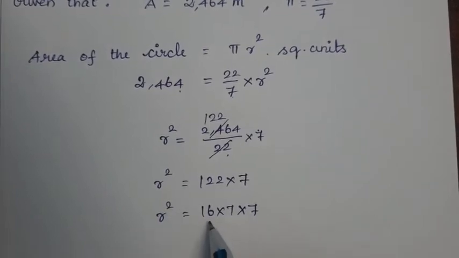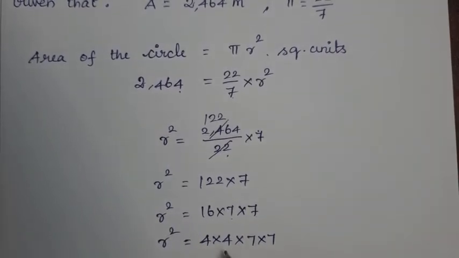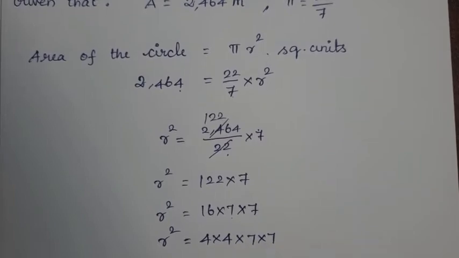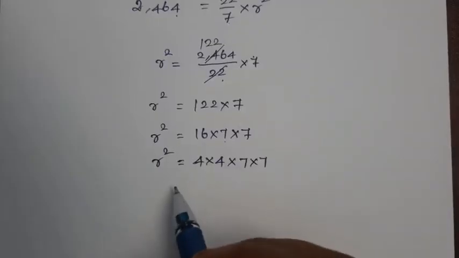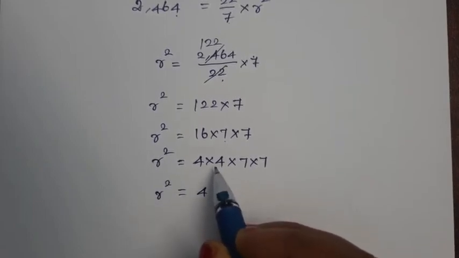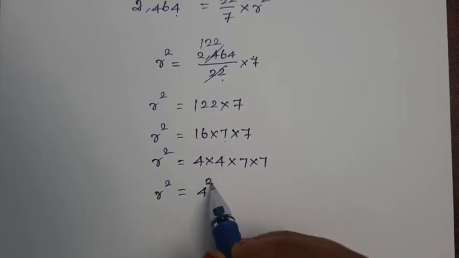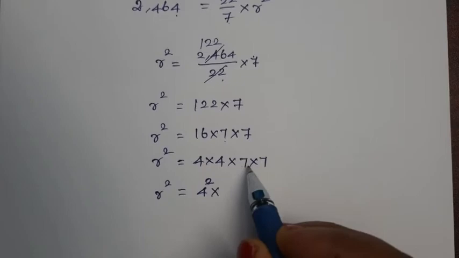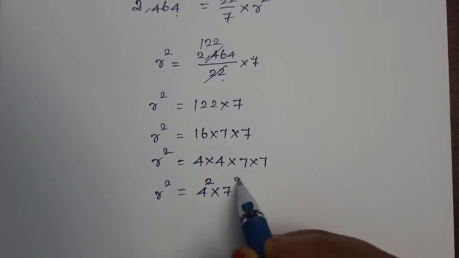Therefore, r squared is equal to 16 into 7 into 7. This 16 again can be written as 4 fours are 16. Here 7 sevens are 49. Therefore, r squared is equal to 4 into 4 into 7 into 7. This can be written as r squared is equal to 4 into 4 two times, which is 4 squared, and 7 into 7 two times, which is 7 squared.